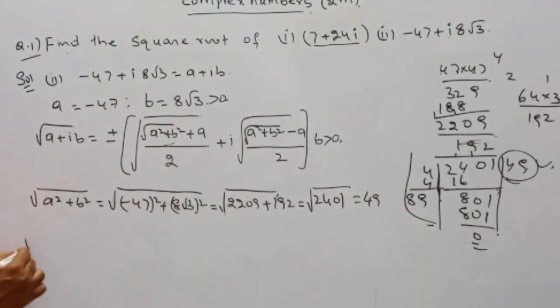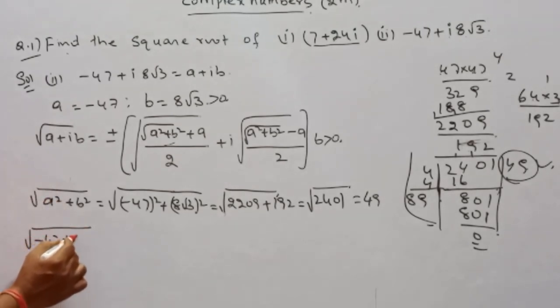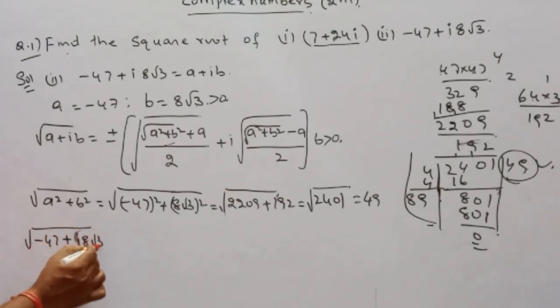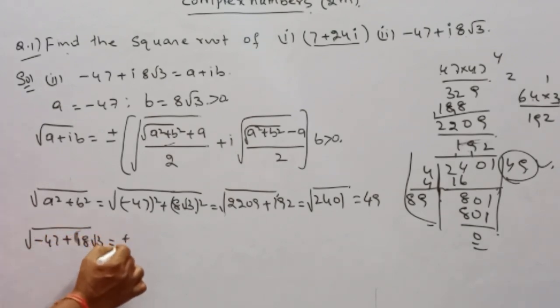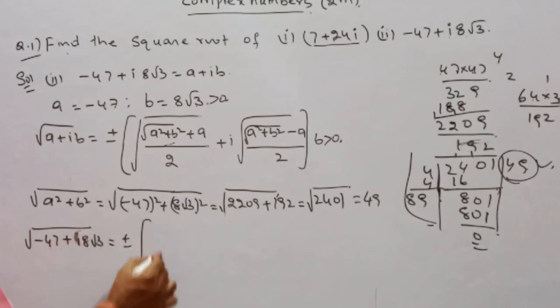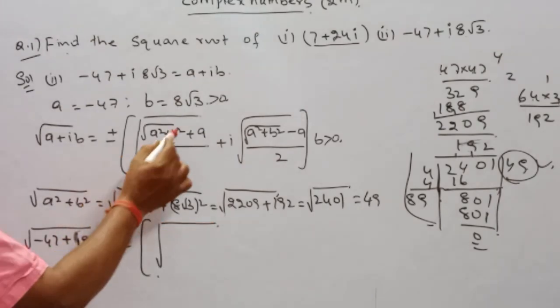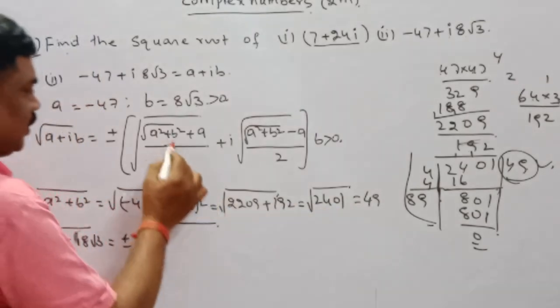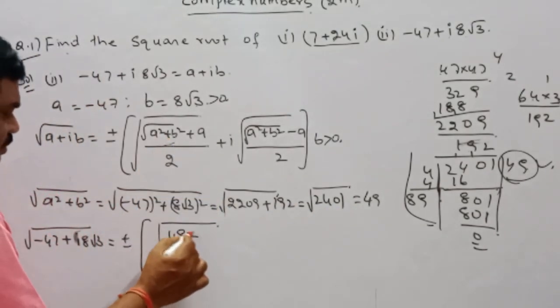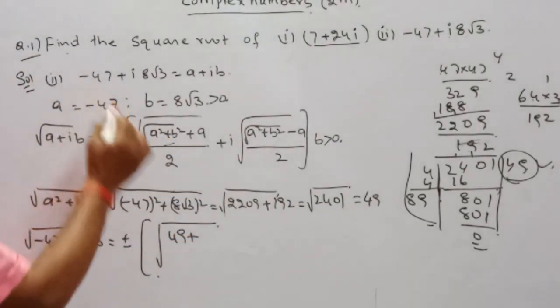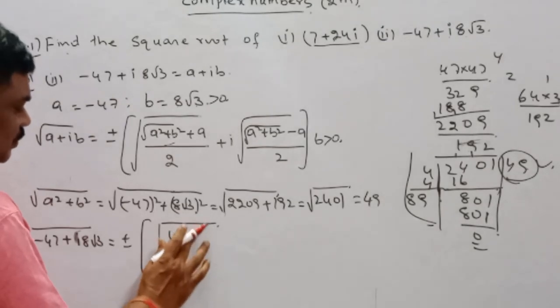Then the square root of minus 47 plus i into 8 root 3 is equal to plus or minus [square root of (49 plus a) by 2 plus i into square root of (49 minus a) by 2]. The value of the square root is 49 and a is equal to minus 47.